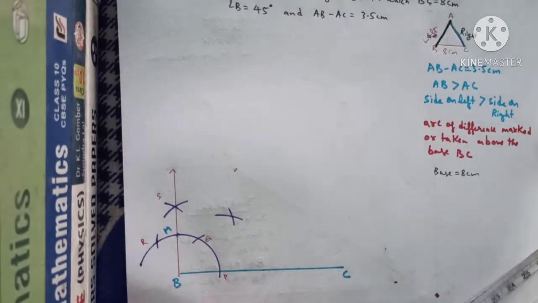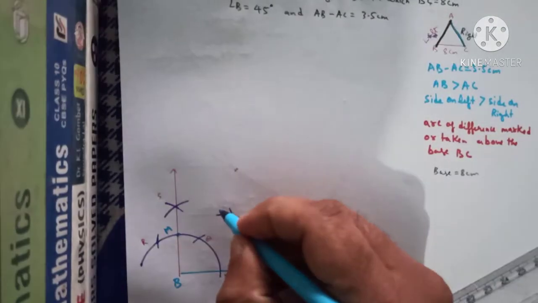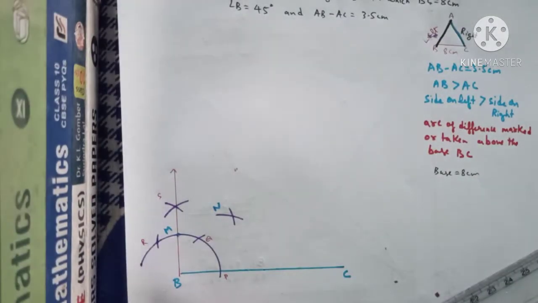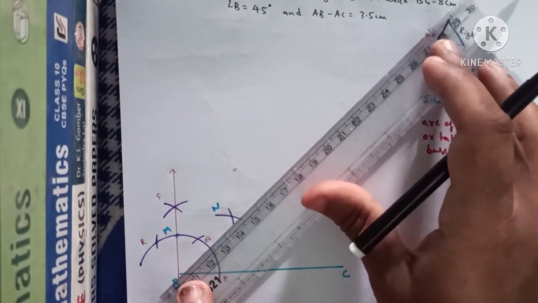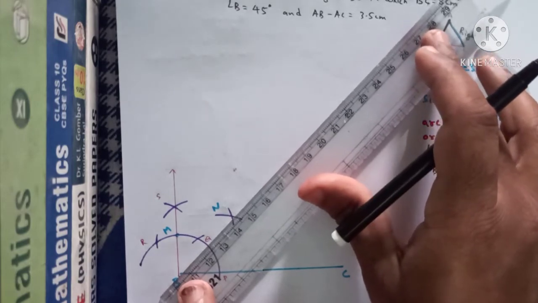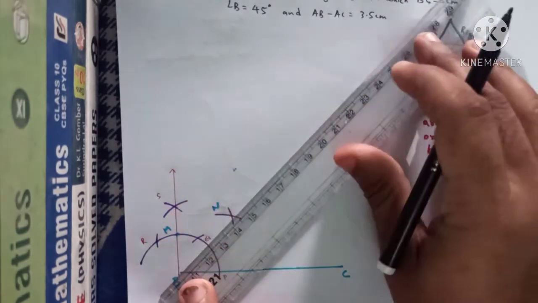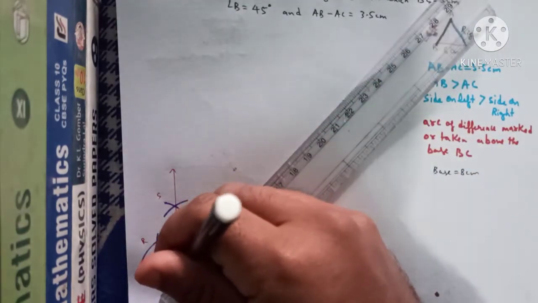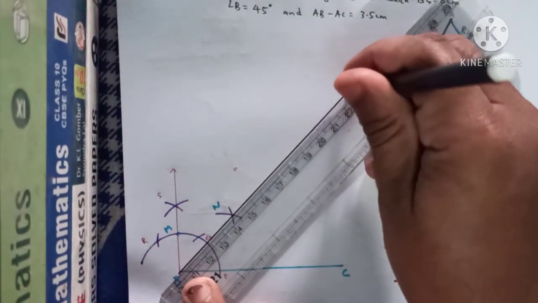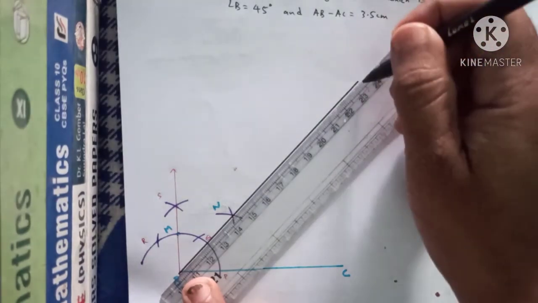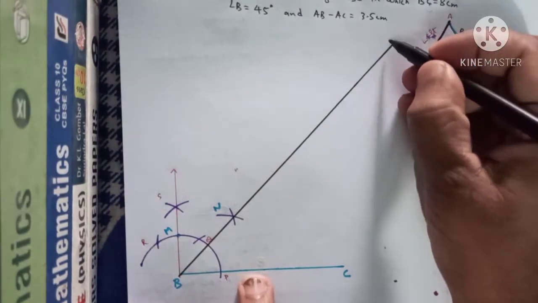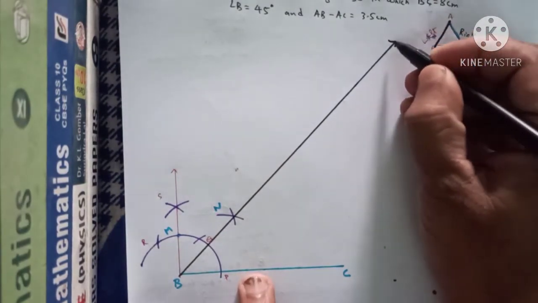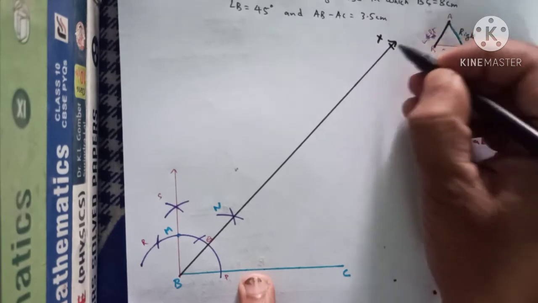Name this point as N, and now we will join B to N and extend this ray till a point, and name it as X.